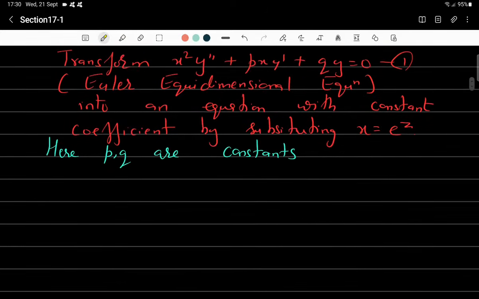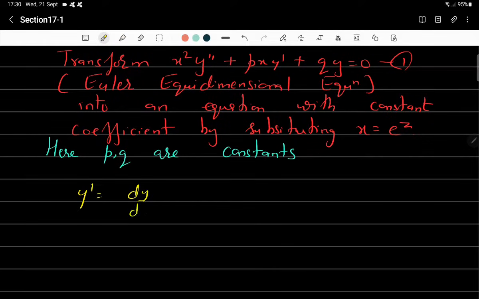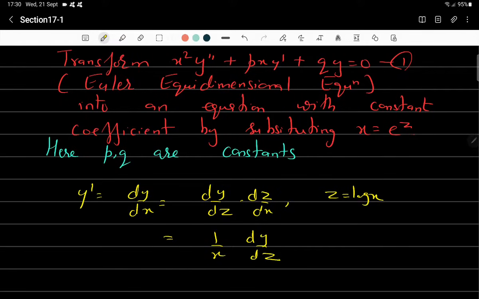So to transform it, I need y dash, which is dy by dx, which can be written as dy by dz and dz by dx. Here z is equal to log x, so this becomes 1 by x dy by dz.